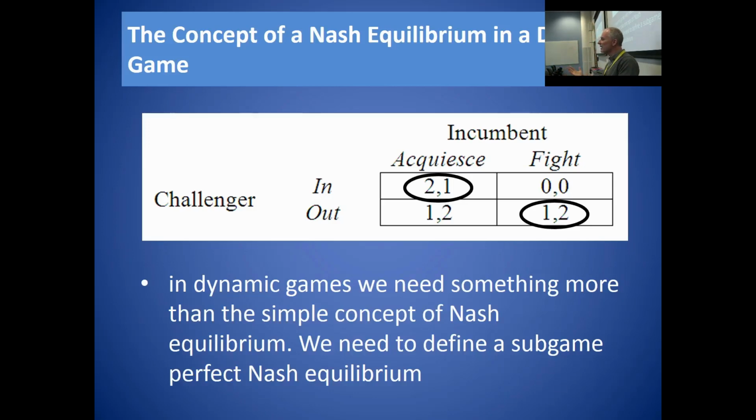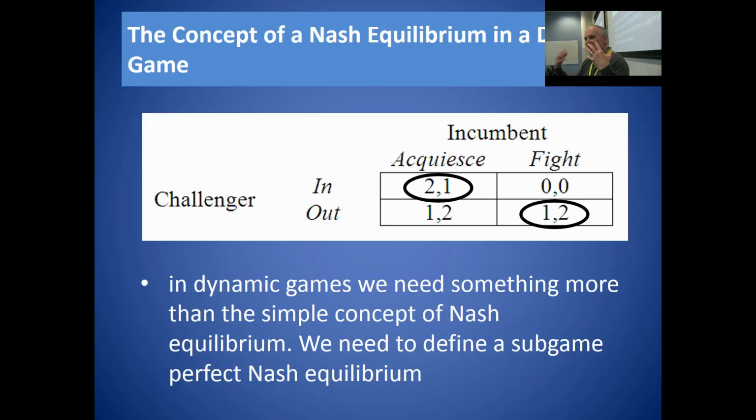So you should all be familiar and comfortable at this stage with what a Nash equilibrium is, and all the incentives that players face in a Nash equilibrium. But what is a subgame perfect Nash equilibrium? That's the added part that we need to address.